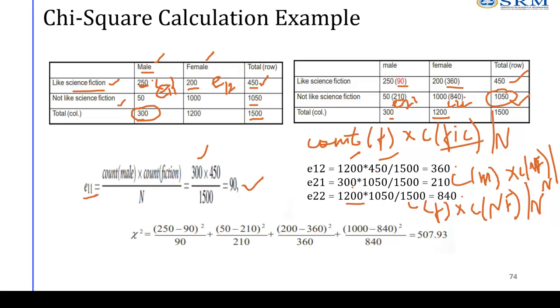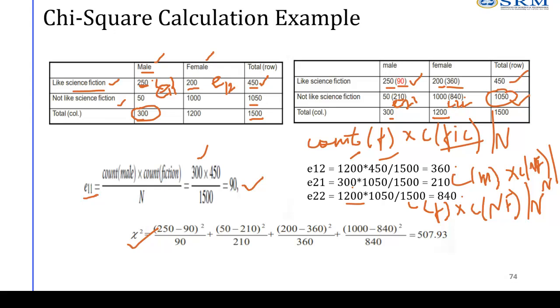For each and every cell, the observed value is already given, and the expected value is found by the expected frequency formula. Now, according to the chi-square formula, how do we find the chi-square value? It is the observed minus expected, the whole square, divided by the expected.